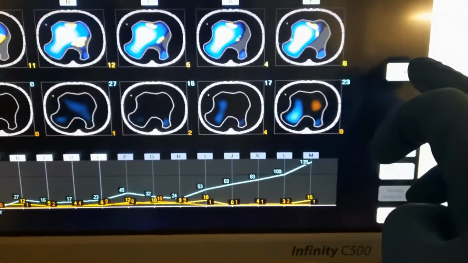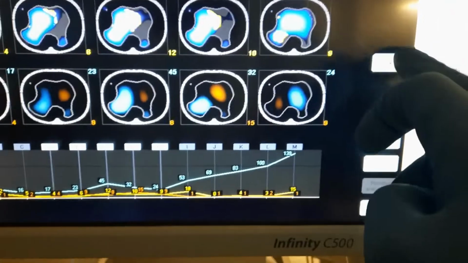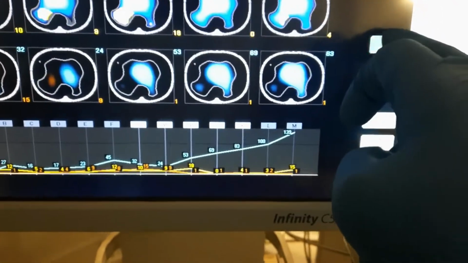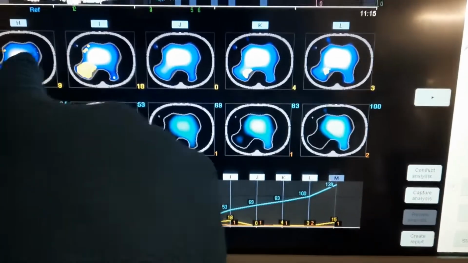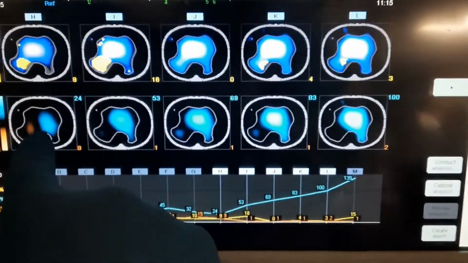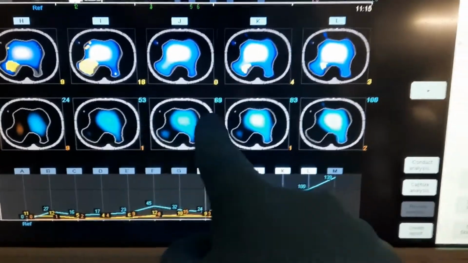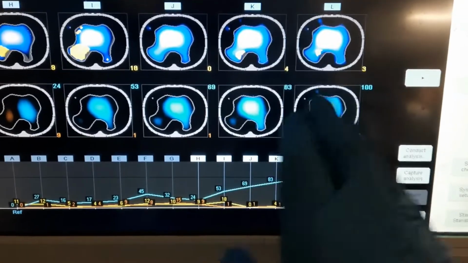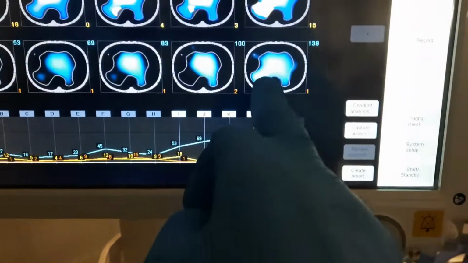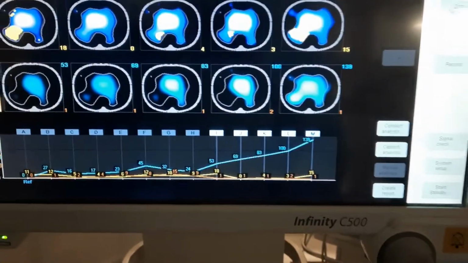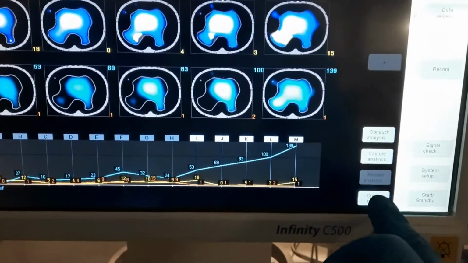And when we look at the images, we see that with the higher P highs, H, look at the increase. As you go higher and higher, you're getting a much more even distribution of tidal volume until we get to here. So this is how we do the PEEP studies.